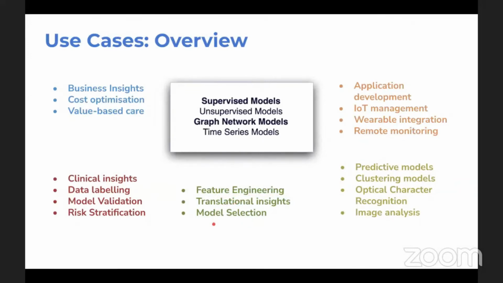Model selection and translational insights are also very important. Then predictive models, clustering models, OCR, where we can scan and extract handwritten notes, and image analysis are some use cases. And finally, application development, IoT management, wearable integration, and remote monitoring are also possible use cases.